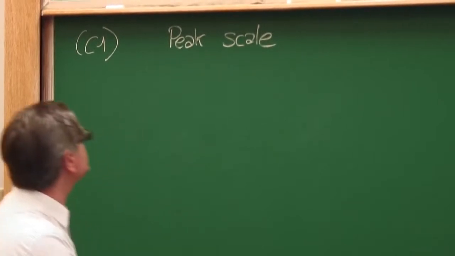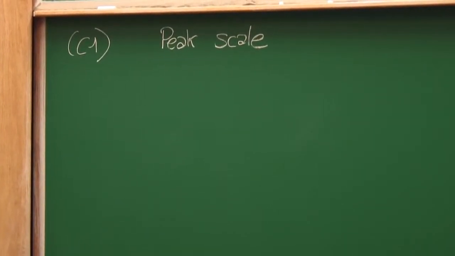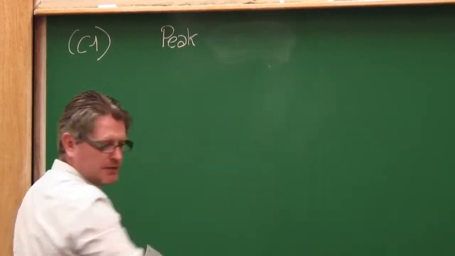I'm referring always to the harmonic spectrum. So when I say peak scale, I mean at which L do I see the peaks. So peak position would be more intuitive. Let me call it peak position.